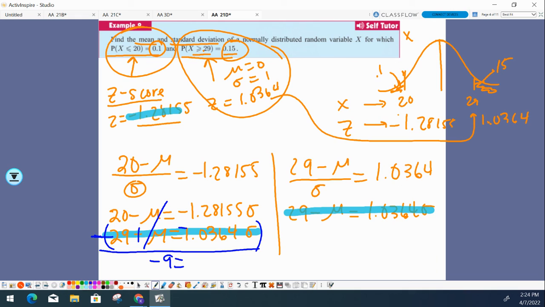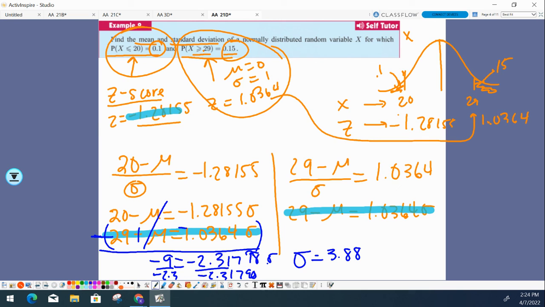When I combine my 2 negative values here, I get negative 2.31798 sigma. I might have a few more decimals in there than you, but that's okay. Now to solve for sigma, we just divide both sides by that, yada yada. But this tells me my sigma value is 3.88.